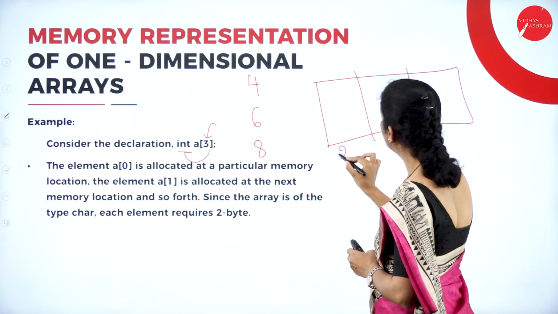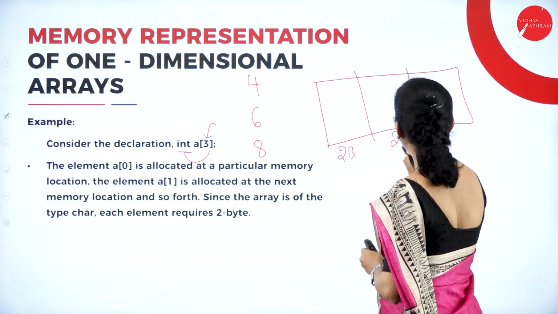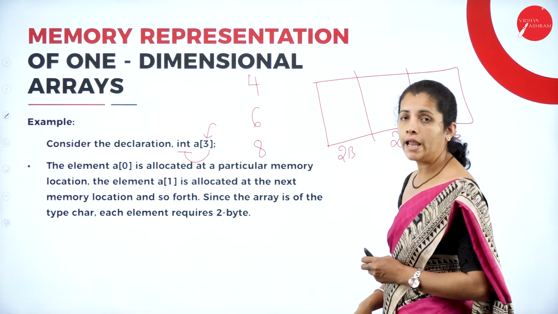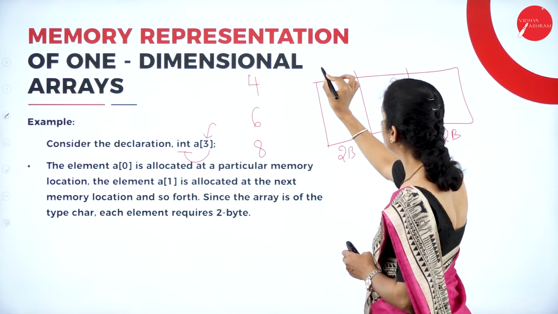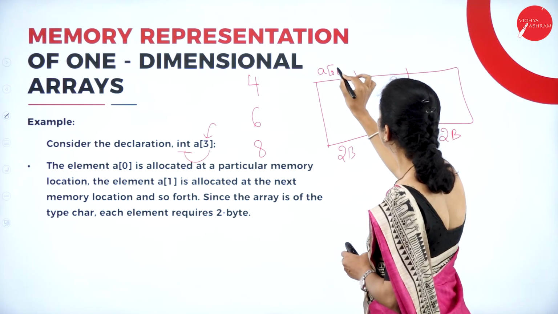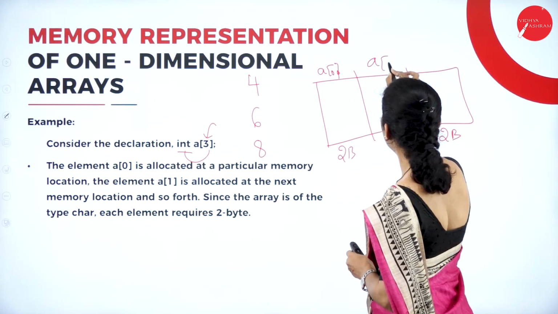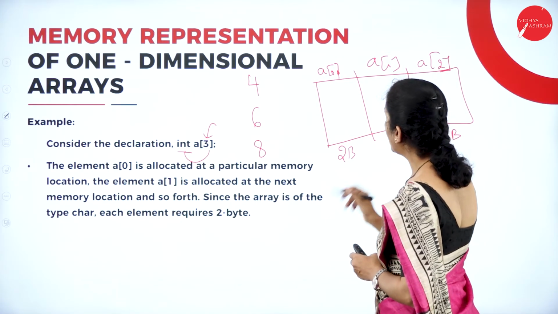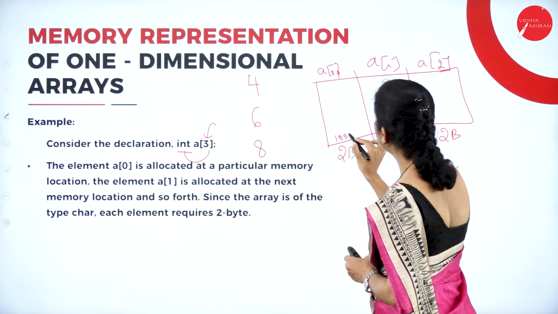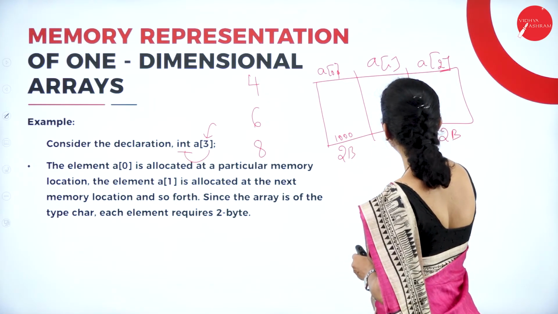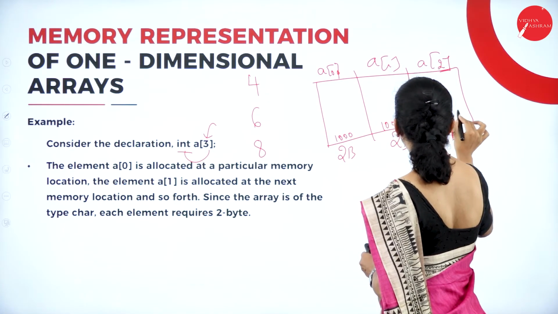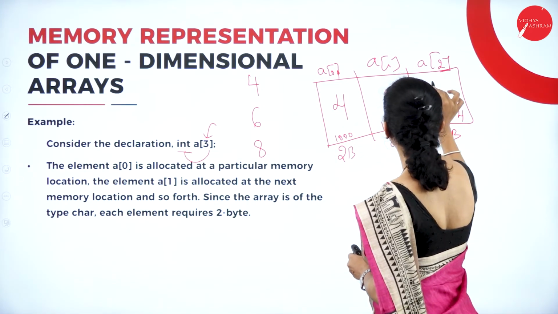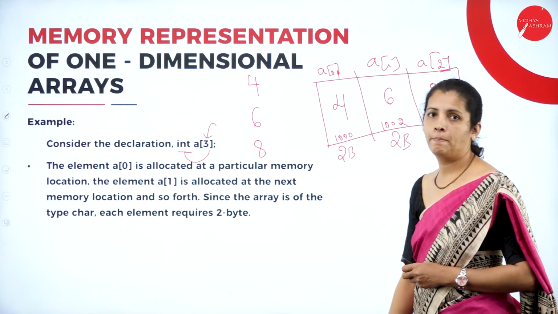That is 2 bytes, 2 bytes and 2 bytes. For example, array index starts from A of 0, A of 1, A of 2. Think that the array address starts from 1000, then next 1002 and next 1004, and I'm going to store the elements in my array.